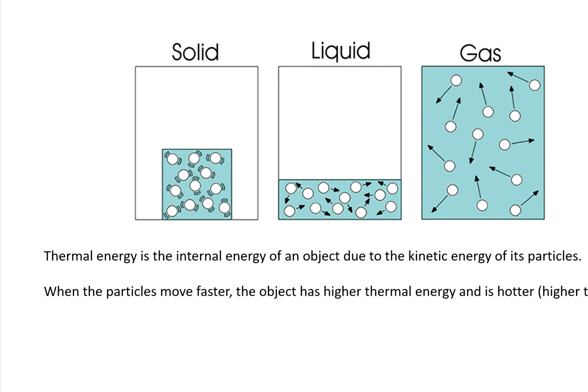When we talk about thermal energy, we are actually referring to the internal energy of an object due to its kinetic energy. So what it means is that, let's take a look at the solid. The solid particles are vibrating, and when these solid particles vibrate, they will have kinetic energy. So if you add up all the kinetic energy for all the particles together, we say that that is the thermal energy.